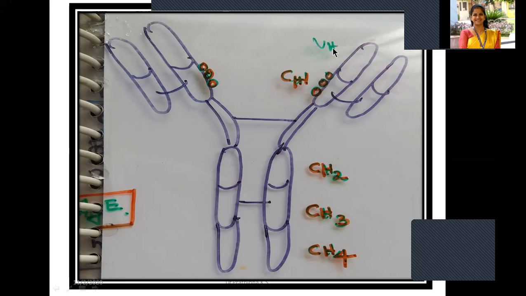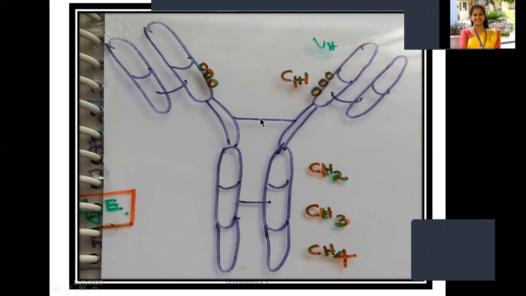And you can label this as variable heavy chain, constant heavy chain first domain, constant heavy chain second domain, constant heavy chain third domain, constant heavy chain fourth domain. In the center also you can write presence of intradisulfide bonds. And here also you can write absence of hinge region, and here you can write this as the carbohydrate.